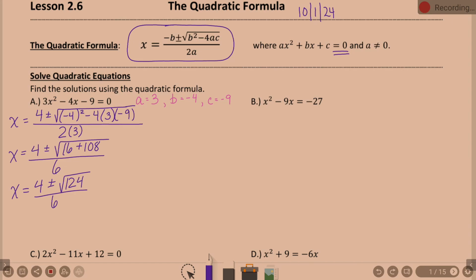Okay. Now, the question becomes, are we done or not? Now, let's talk about what we can't do right now. Why am I going to say we can't reduce 4 and 6? That may be breaking news to some of you, because some of you are getting ready to reduce 4 and 6, I'm sure, because 6 is bigger than 4.